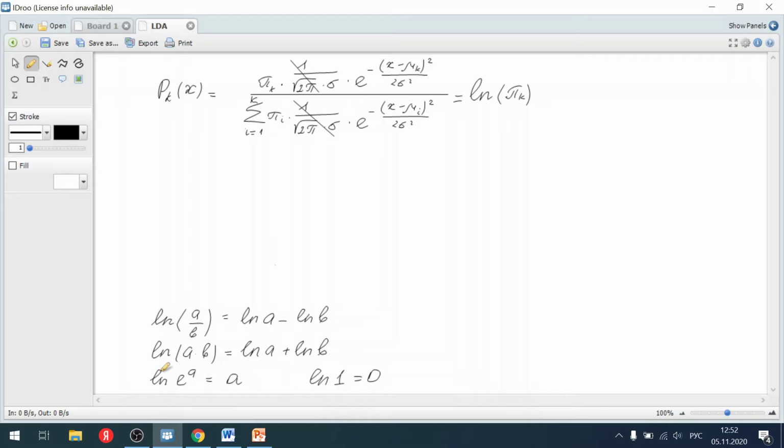And using the rule that the logarithm of an exponent is the power of the exponent, here we get minus the fraction which was in the power of the exponent.